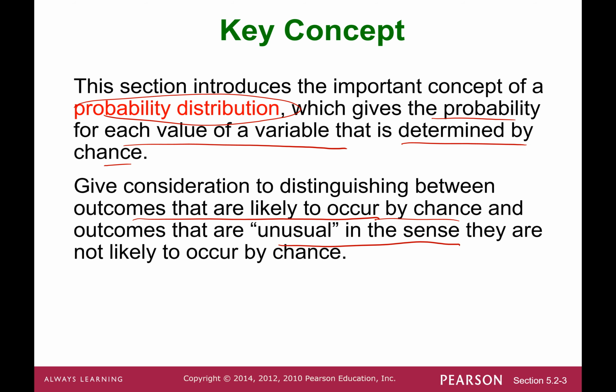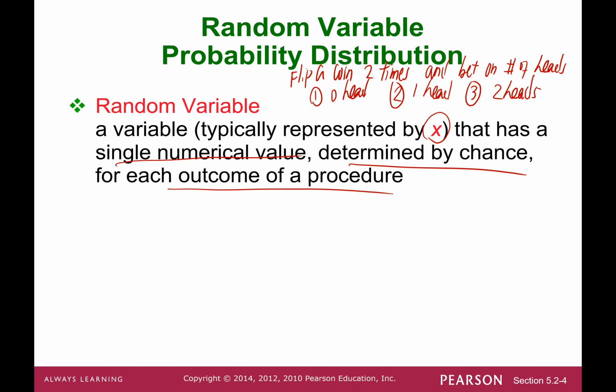And if you look at all of these outcomes, each one, whether 0 heads or otherwise, has a single numerical value, and all of these are determined by chance for each outcome of the procedure. Each outcome has different probabilities, so all the possible outcomes could be head-head, head-tail, tail-head, or tail-tail.